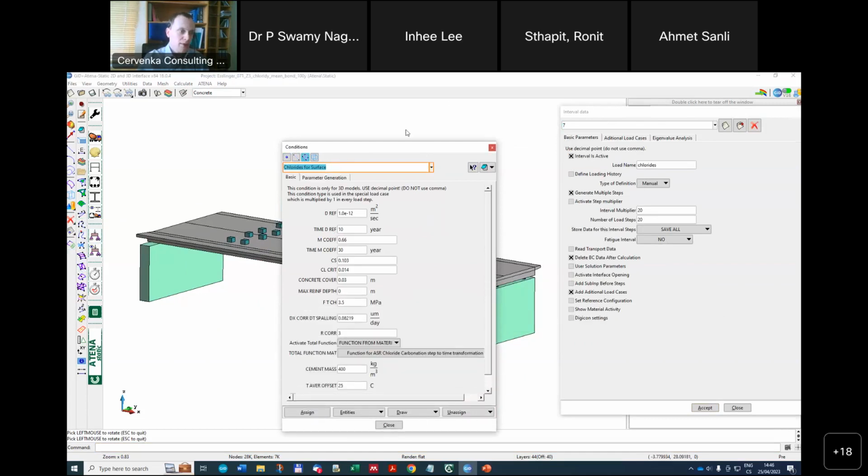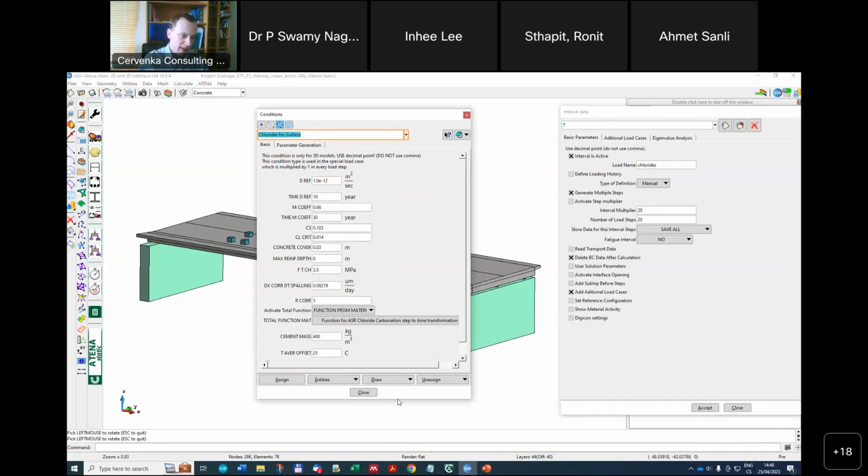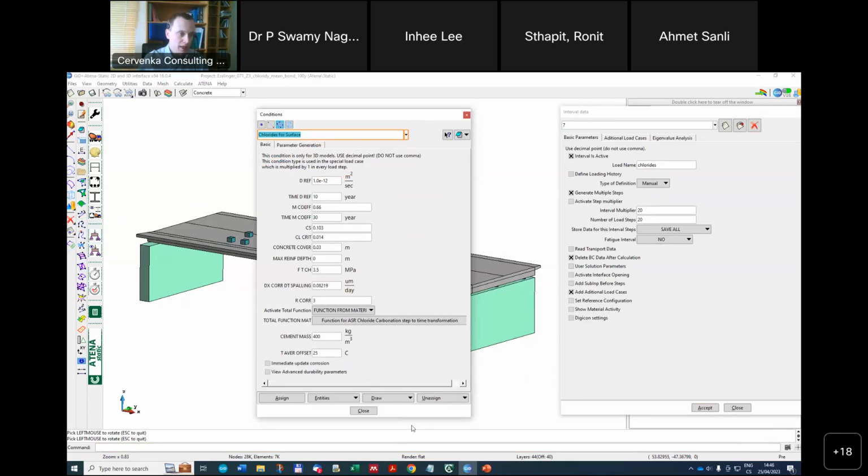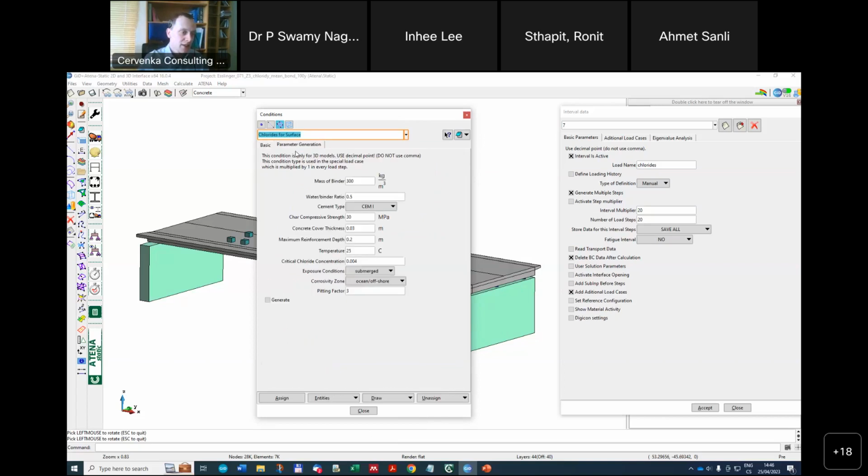In here you can find all the parameters which need to be defined for the chloride attack, and a simplified parameter generation tab which can automatically generate the inputs for you based on some engineering parameters.